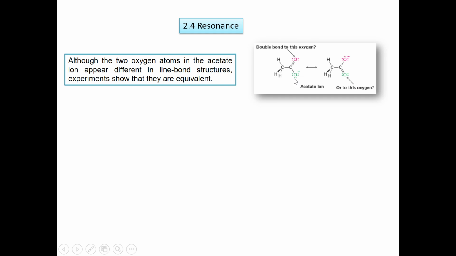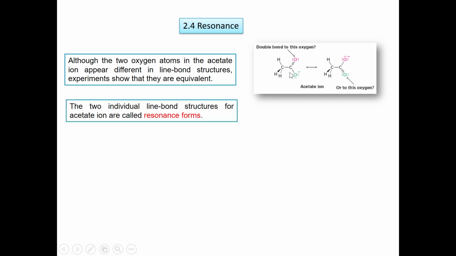What we can do is move this negative charge, this pair of electrons, to form a double bond between the oxygen and the carbon, and in order not to break the octet, one pair of electrons of the original double bond goes to the oxygen. This and this molecule are two resonance forms of the acetate. This one does not exist, and this one does not exist. What exists is an average of all the resonance forms.